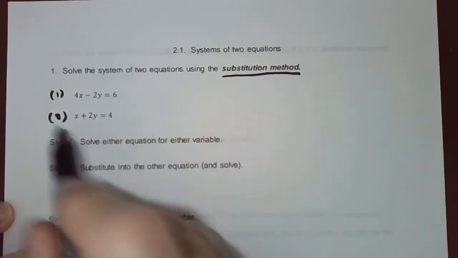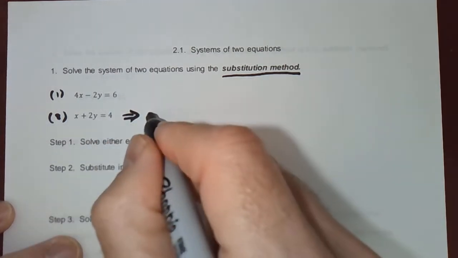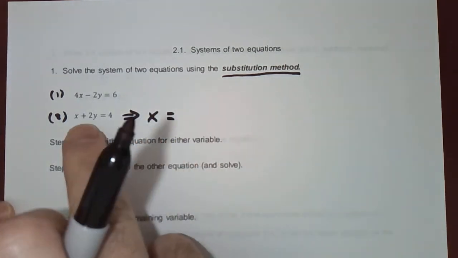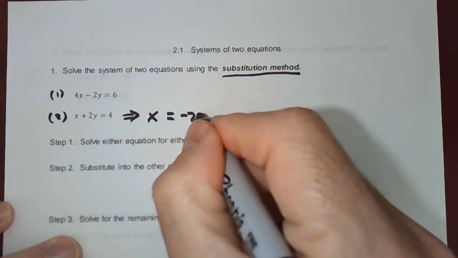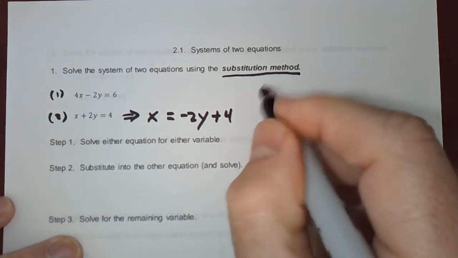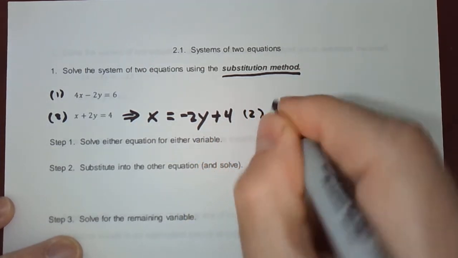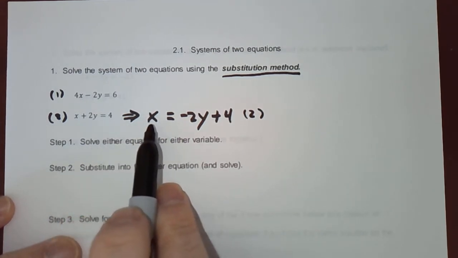So the first thing I will do is take this equation and solve it for x, which would give me x equals, we're going to subtract 2y from both sides, negative 2y plus 4. You could think of this as my new equation number 2, absolutely equivalent to the original, just written in another form where it is solved for x.